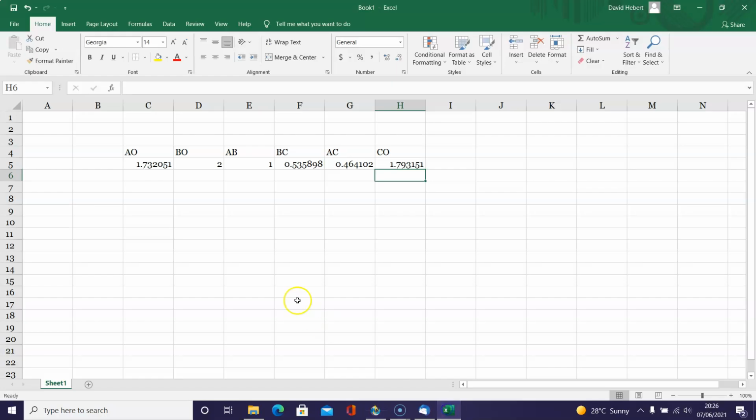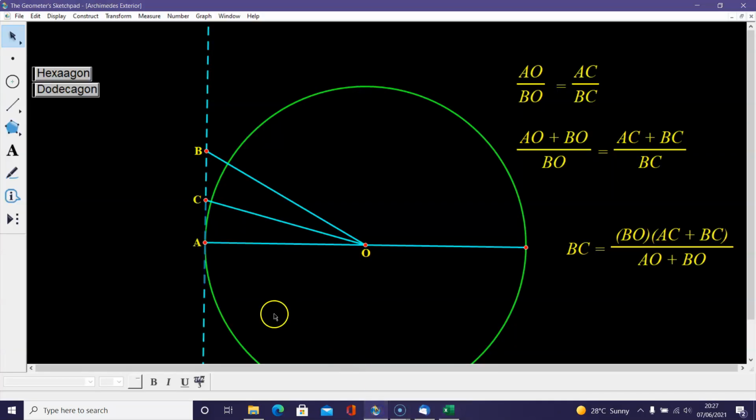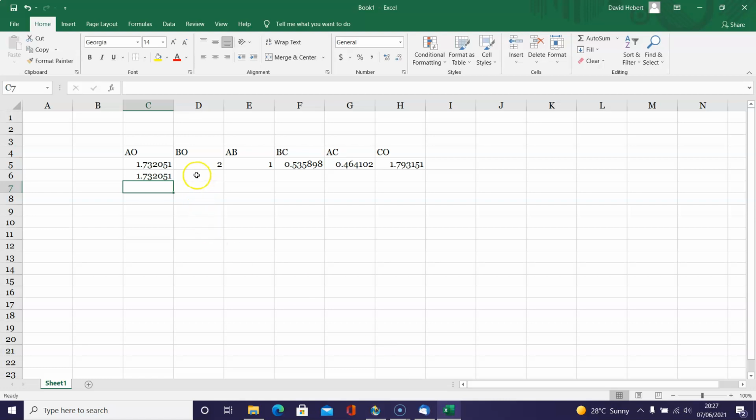So over here on my spreadsheet, I'm going to have the exact same value as I have before for O to A. But going from A to B, I need to update that with A to C. So A to B is no longer going to be 1.